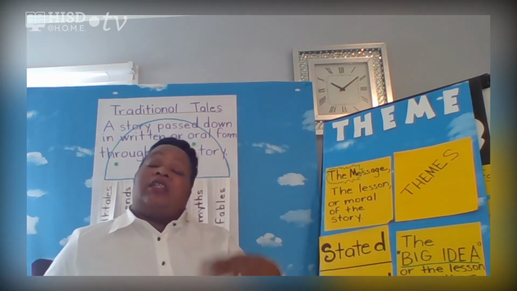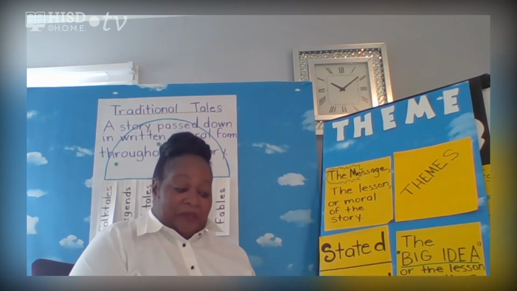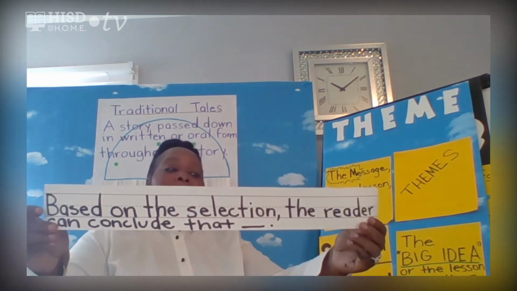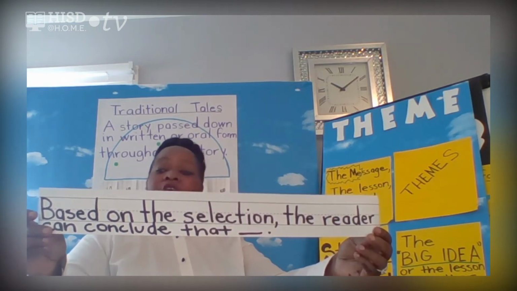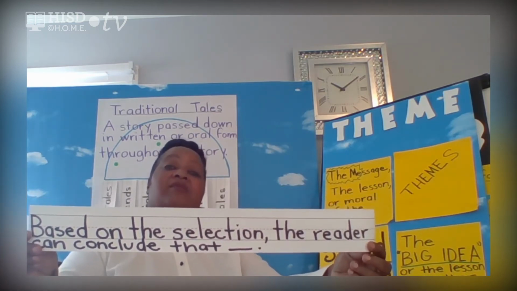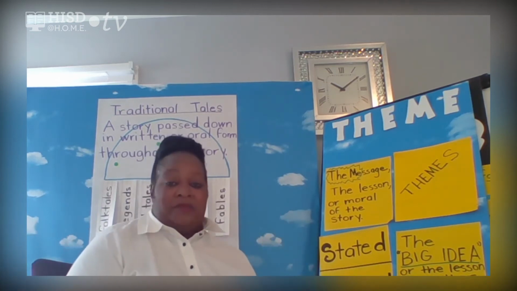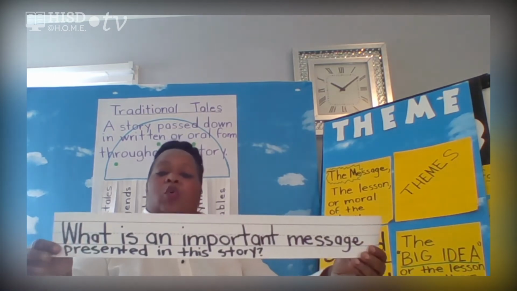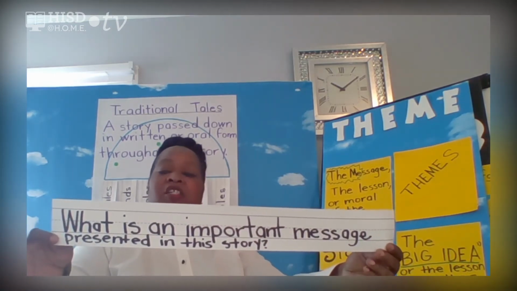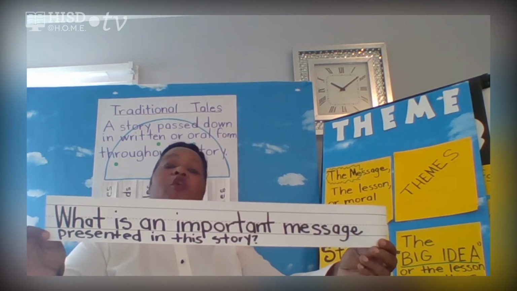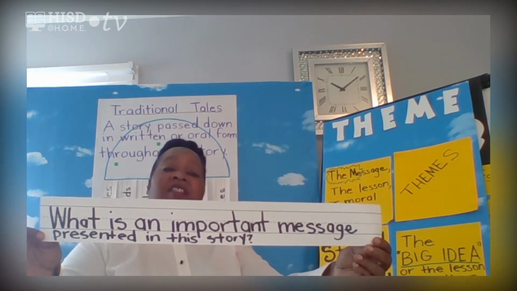We always want to consider the author's purpose. Based on the selection, the reader can conclude that. We always want to think about what we can conclude. What is an important message presented in the story?